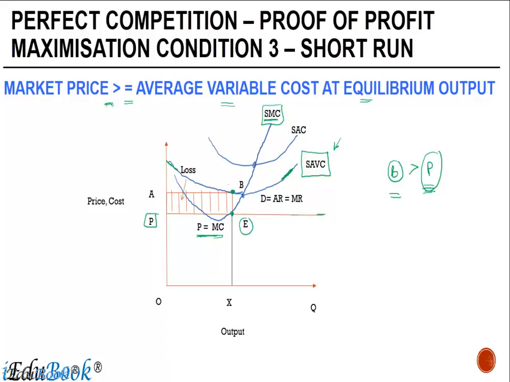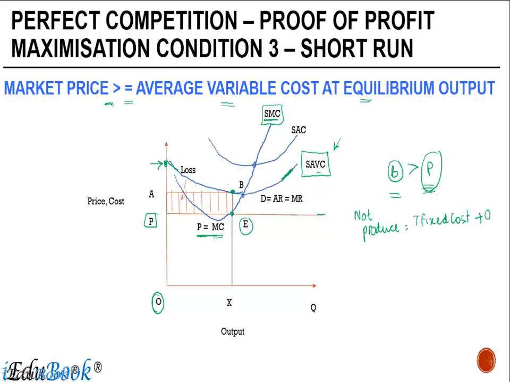Why? Because let's look at a situation when they do not produce. If they do not produce, the output here has to be 0. At 0 output, the firm is going to incur total fixed cost, but the average variable cost of the firm, if you see this curve, will be 0.